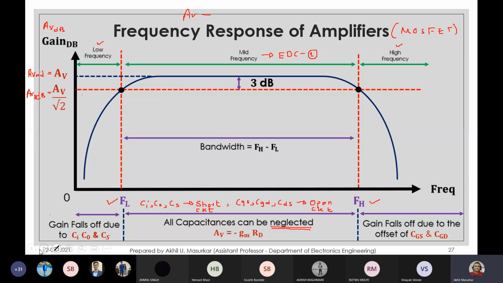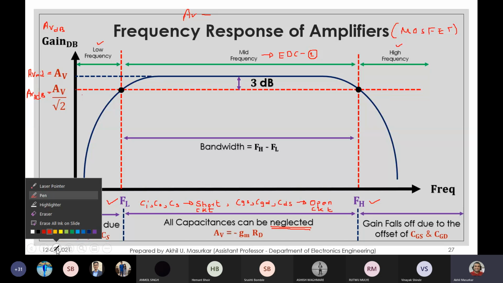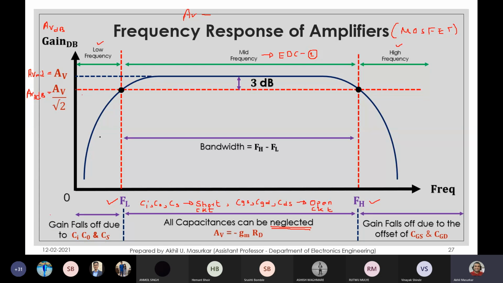Now, just for your reference, we have done some models. In the low frequency region, the model of the MOSFET that I will use will be somewhat like this. I may or may not use R0.